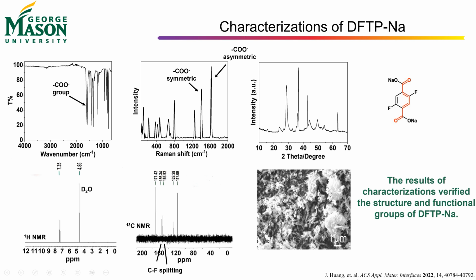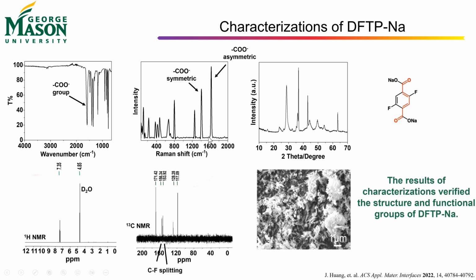So after the synthesis of all materials, we did characterizations on them in order to verify their identities. Let me just use DFTP sodium as an example. First, we use FTIR and Raman to identify its key functional group, which is the carboxylate group.